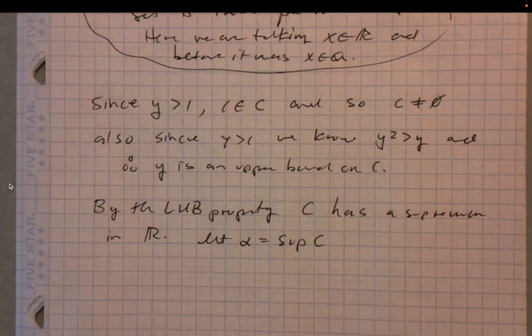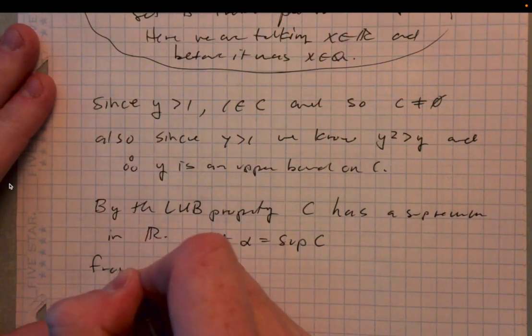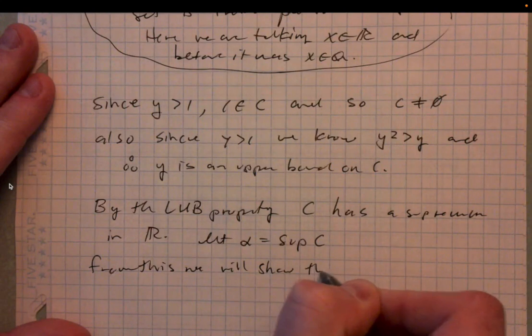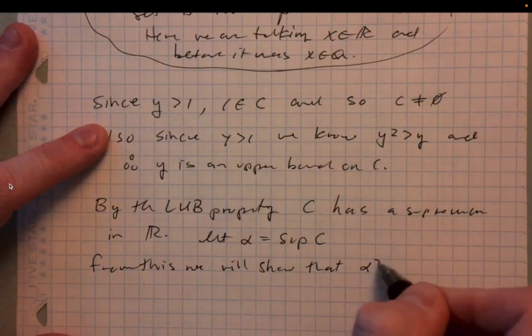Let's let alpha equal the least upper bound of C, the supremum of C. And from this we will show that alpha squared equals y.